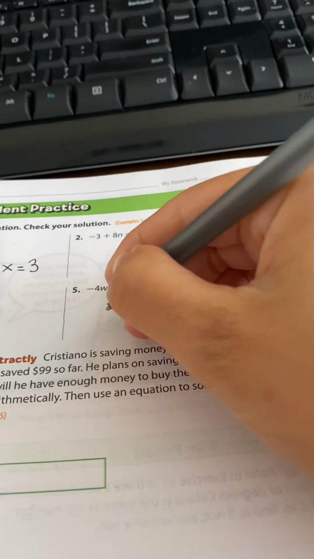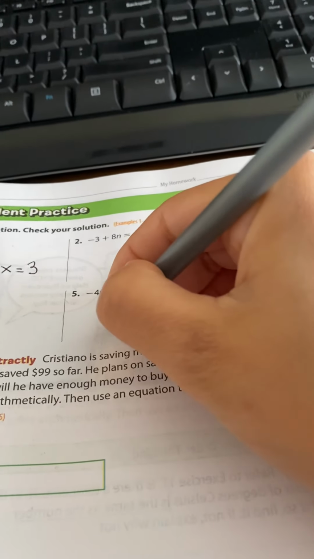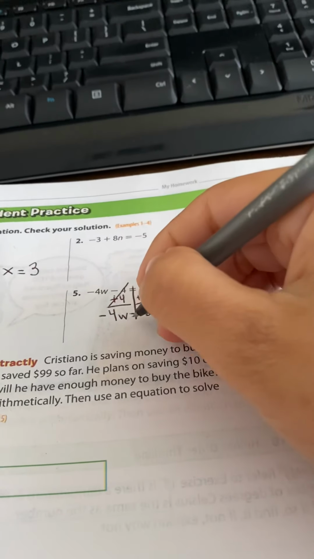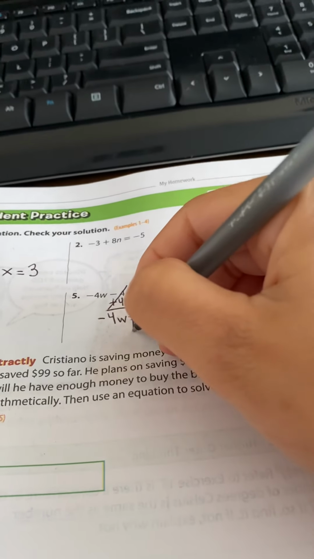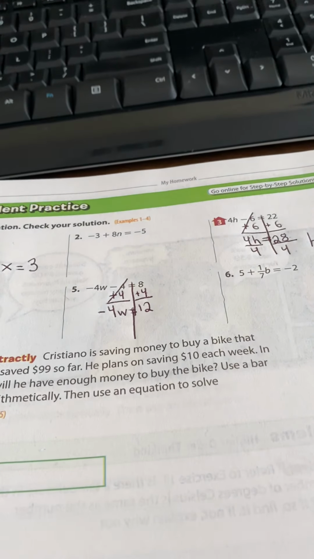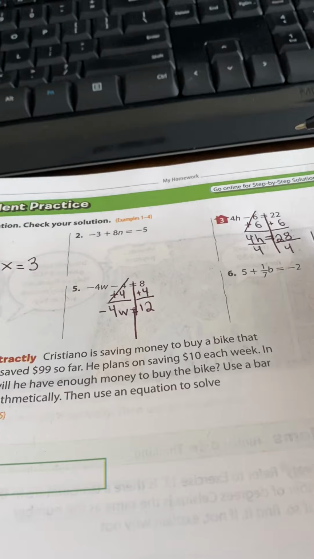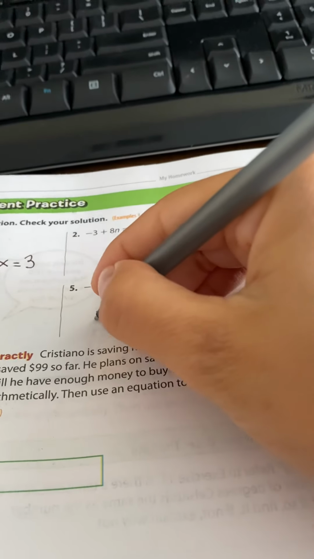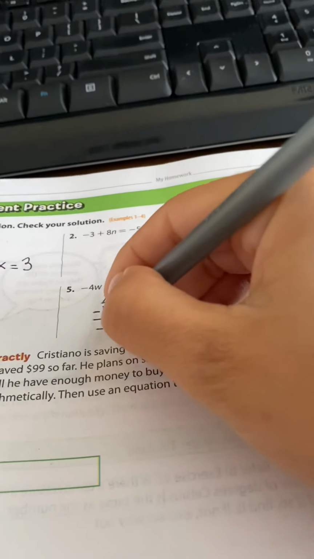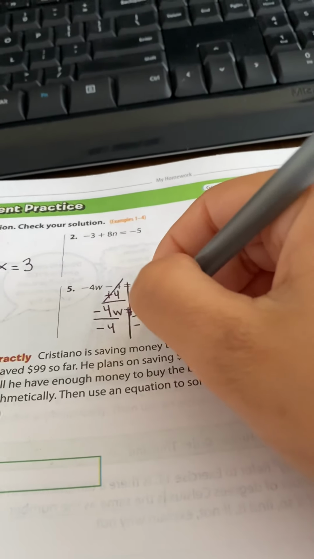Then we're going to have negative 4w equals. We're going to draw a line down the equal sign. Sorry, guys. A line down the equal sign. Now, we're gonna divide both sides by negative 4.